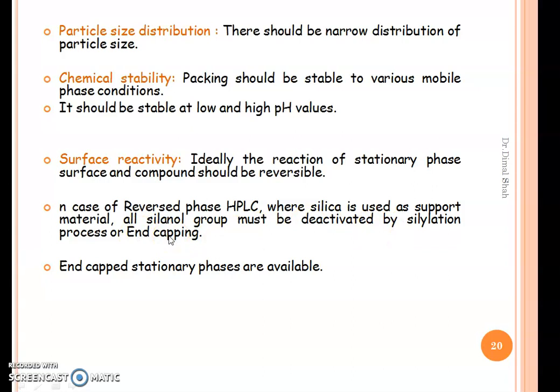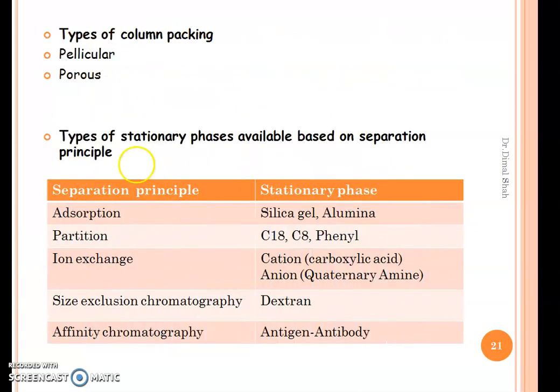So always try to prefer end capped columns while you are working with reverse phase chromatography. Normally there are two types of column packing, pellicular and porous. Ideally porous packings are preferred because they offer more surface area compared to pellicular packings.